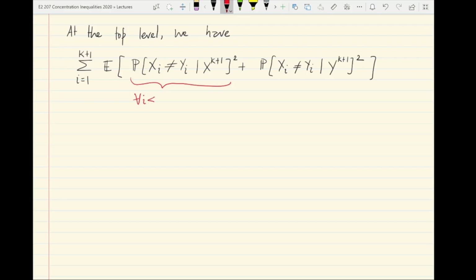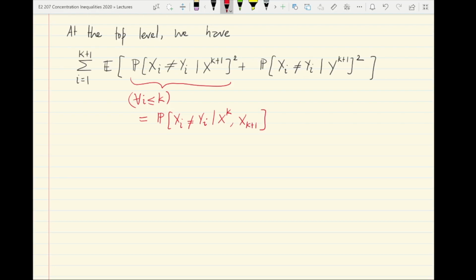So for any such i that is at most k, we have that this expression is just equal to the probability that xi is not equal to yi given xk and xk plus 1.